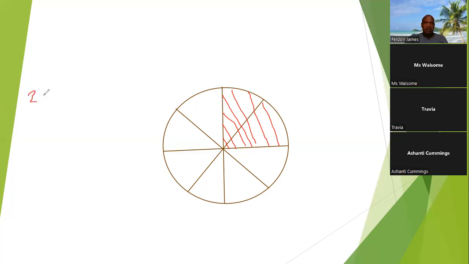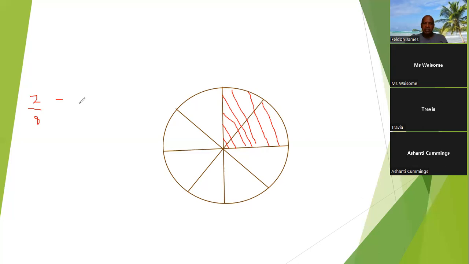Now, 2 over 8, what does that mean in terms of the fraction? If you see 2 over 8, what does that tell you? 2 was taken out of 8 parts, sir. So it means that you get 2 parts out of a total of 8 parts. All right. Now, the 2 tells you how much part you have, or how much part is taken out of the whole.